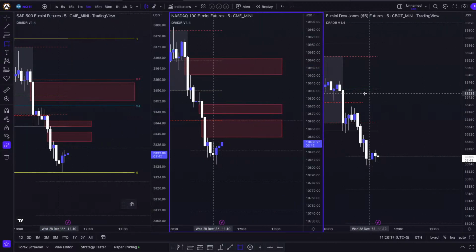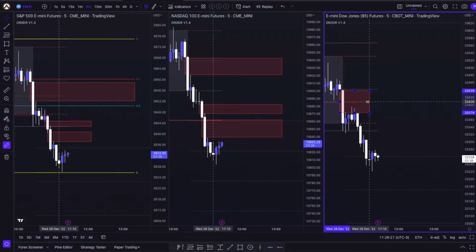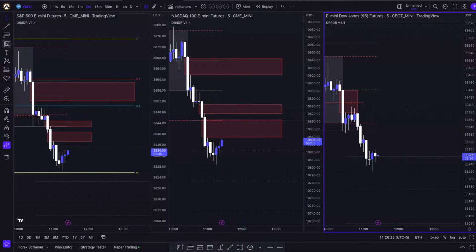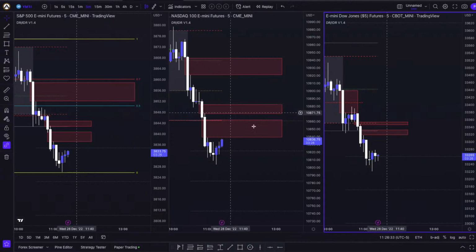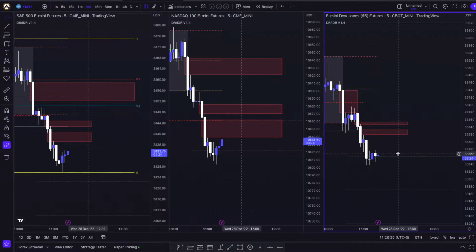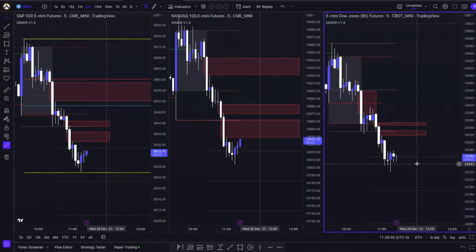Done. We filled in the fair value gap partly here on the Dow Jones. And we have a fair value gap left behind right here, a very small one. One right here. And nothing else. Yep. All right.